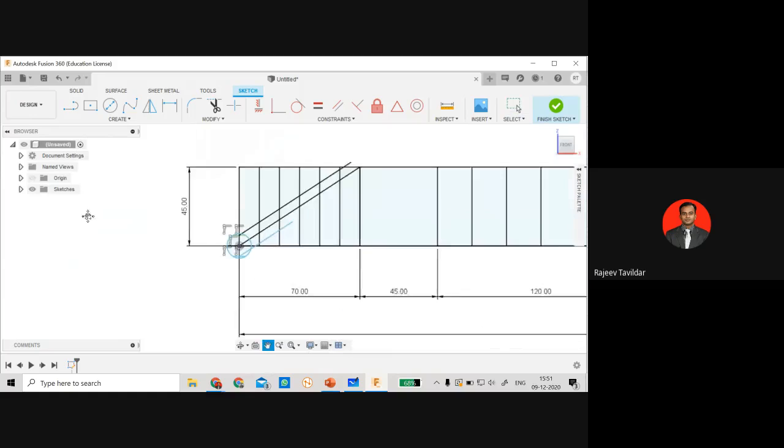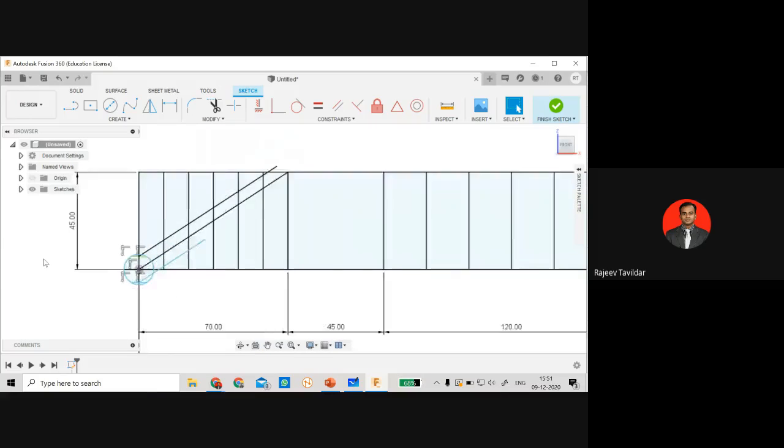Now let me bring this into our writing pad, wherein I can give the numbering for them.